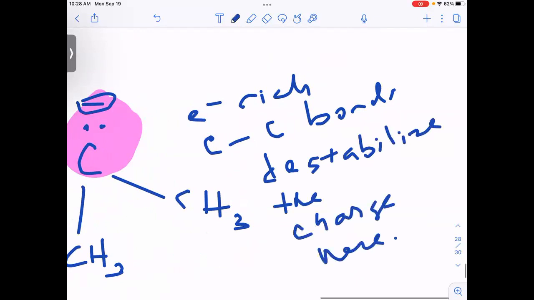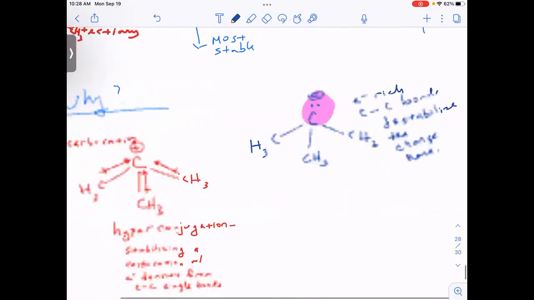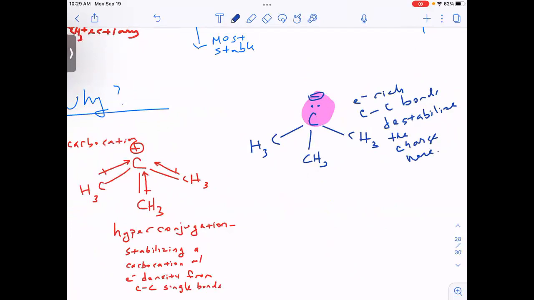Right? So they stabilize positive charges, but the negative charge becomes destabilized because it's just too much electron density around that. And you know from chem that electrons repel each other, right? They're not attracted to one another.